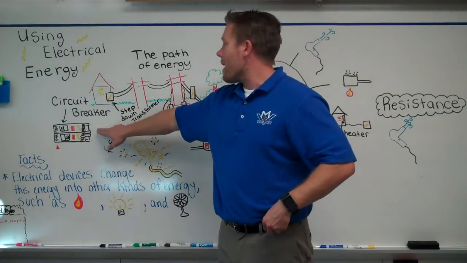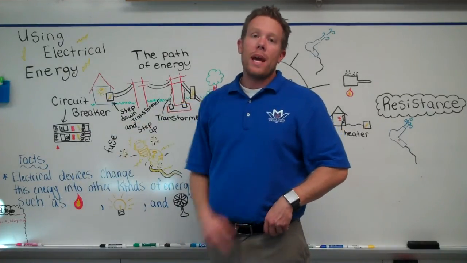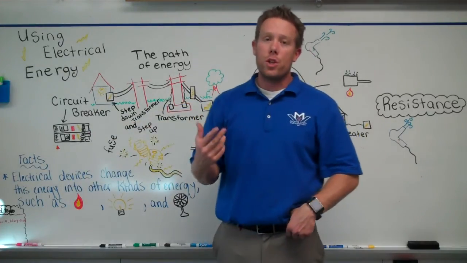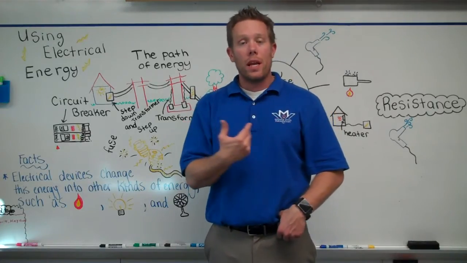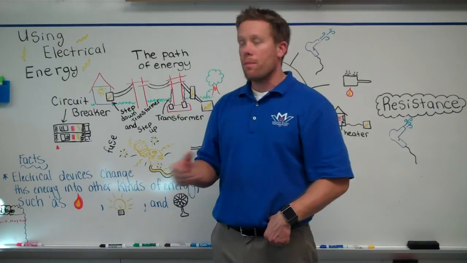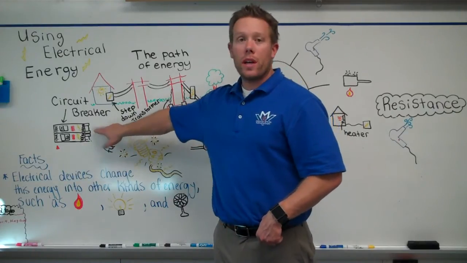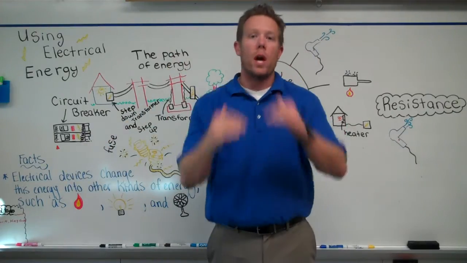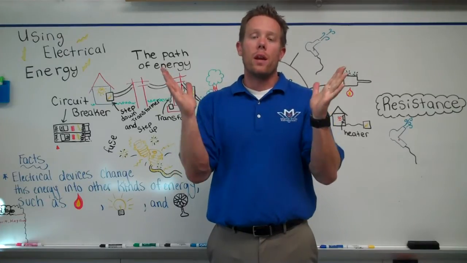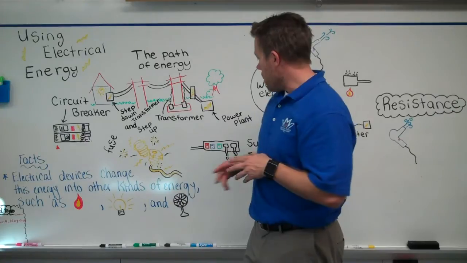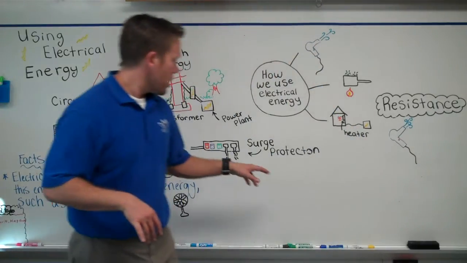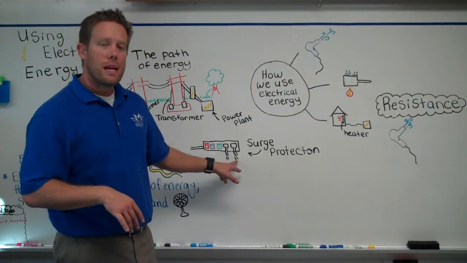So what happens is you have these circuit breakers. As soon as the voltage gets too high, if you ask too much electrical energy to come through your circuits, this circuit breaker will shut everything off and create an open circuit, and that will prevent any fires. Also, you have surge protectors. Surge protectors do much the same thing.